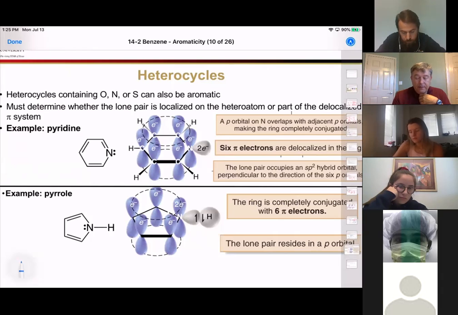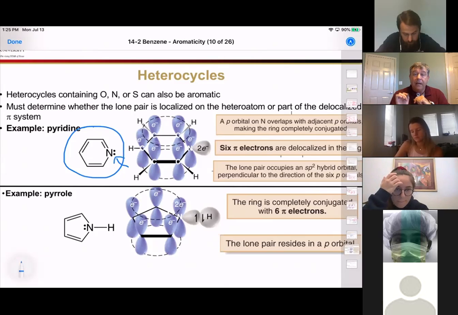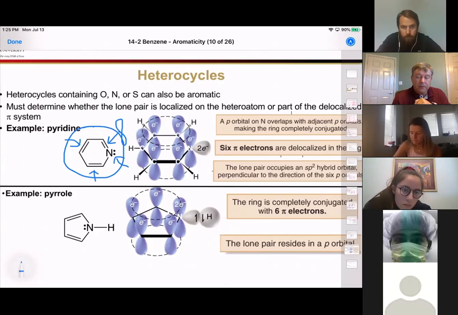So if we look at this example here where we have pyridine, we've replaced one of the carbons and a hydrogen with a nitrogen and a lone pair, okay? This lone pair right here does not contribute to the aromaticity. We have a double bond here, a double bond here, and a double bond here. This double bond is where the p orbital is overlapping with the p orbital on the carbon next to it, okay?